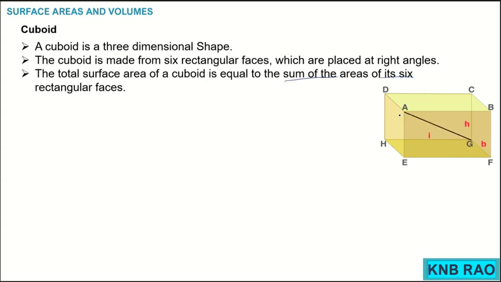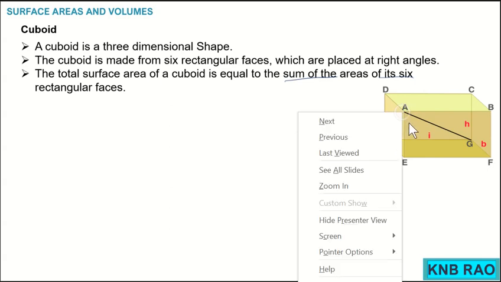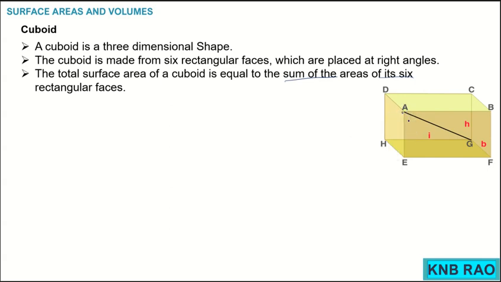Here you could see a line segment drawn from one corner of the cuboid to the opposite corner. It is called a diagonal of a cuboid.